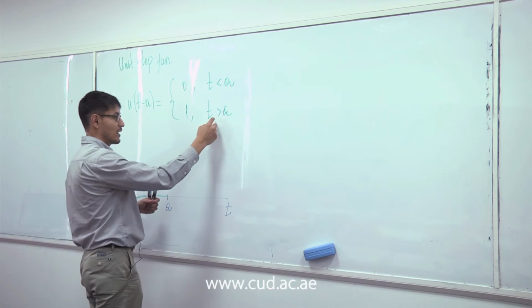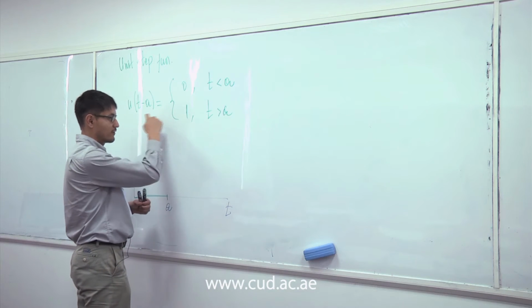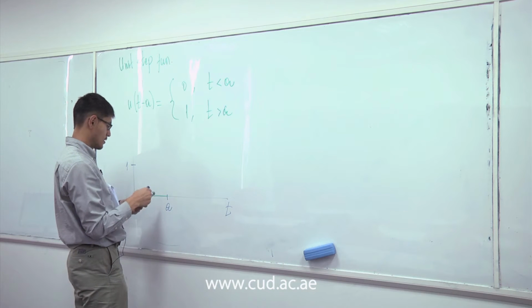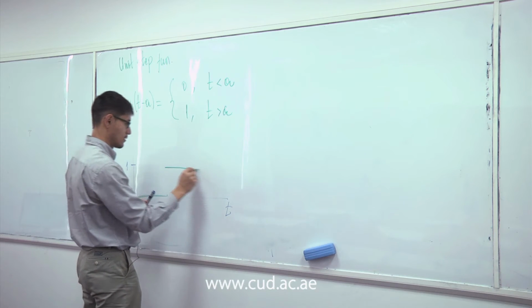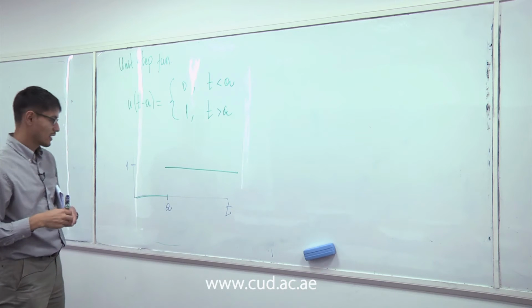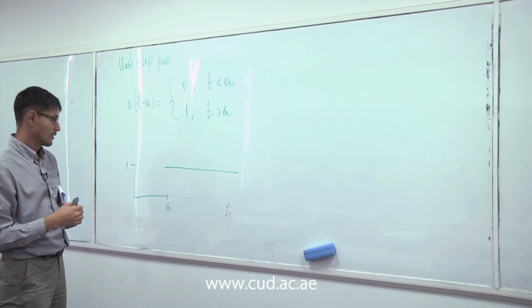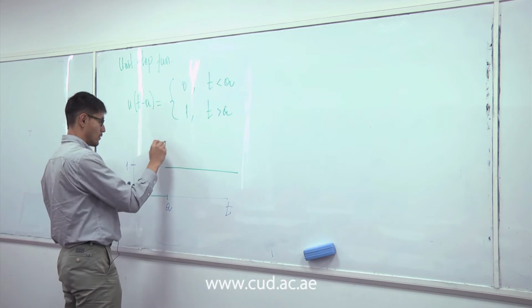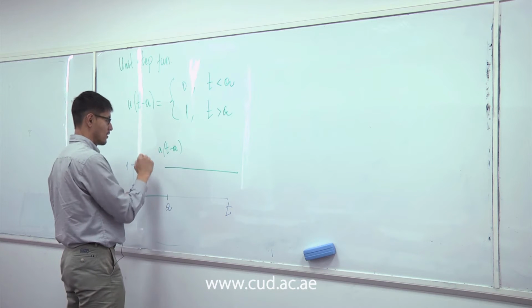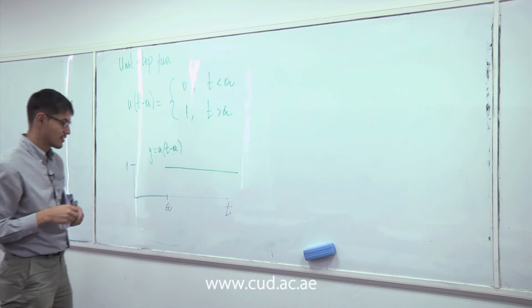Then for t greater than a, the function is equal to 1. So this is how the graph looks for t greater than a. So we have the graph of the step function.